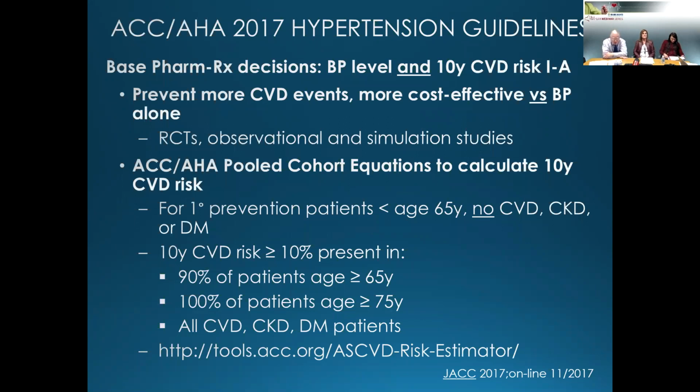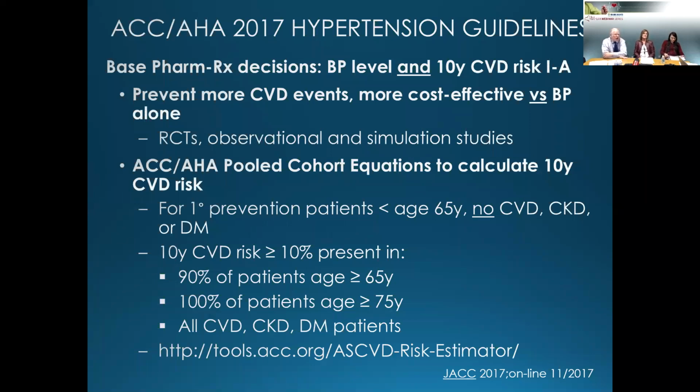The guideline recommends use of the ACC/AHA pooled cohort equation, which is available online at the website at the bottom of this slide, to calculate a patient's 10-year cardiovascular risk if they are a primary prevention patient under age 65 and they don't have cardiovascular disease, chronic kidney disease, or diabetes.